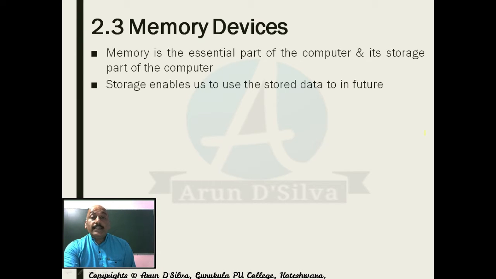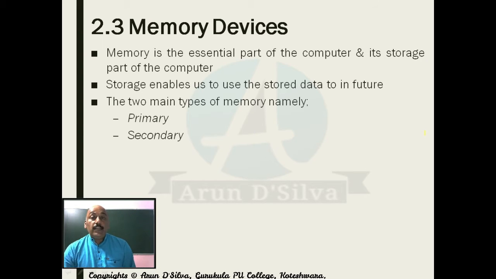The storage enables us to store the data so that we can make use of that data in future. There are two types of storage available in the computer: the first one is primary memory and the second one is secondary memory.